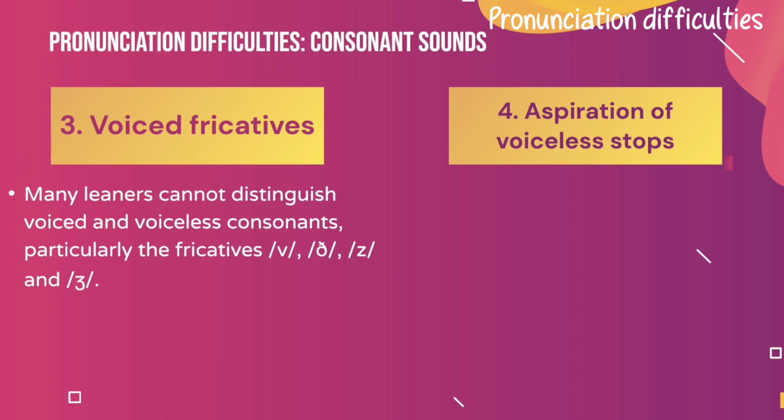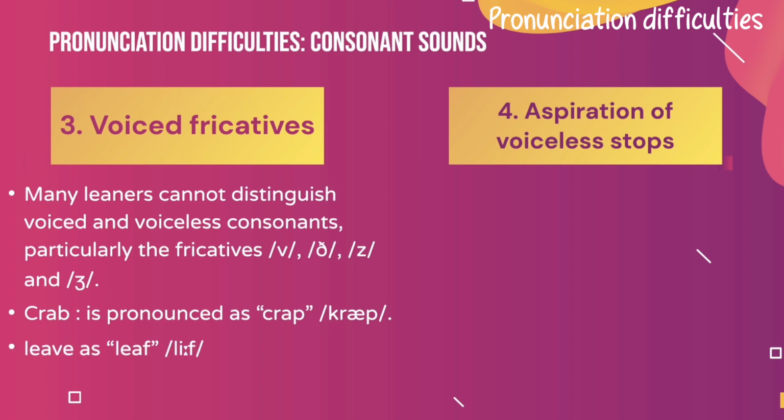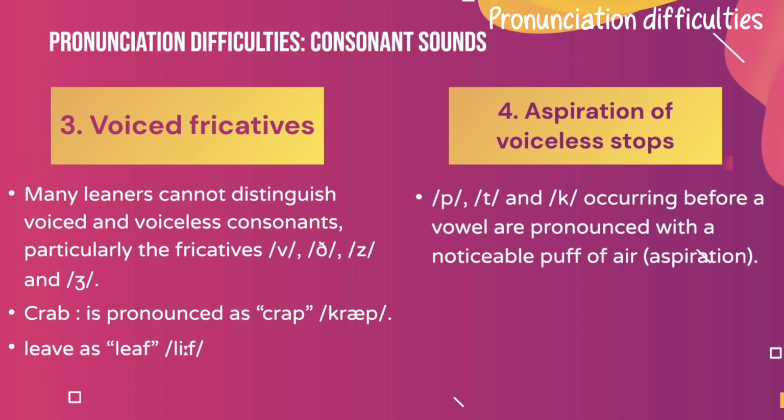And the fourth one, the aspiration of voiceless stops. The p, t, k occurring before a vowel are pronounced with a noticeable puff of air, aspiration. So when you pronounce the sounds p, t, k, you can hear the air, right? Sometimes, for example, in Thai, we don't have aspiration like this.